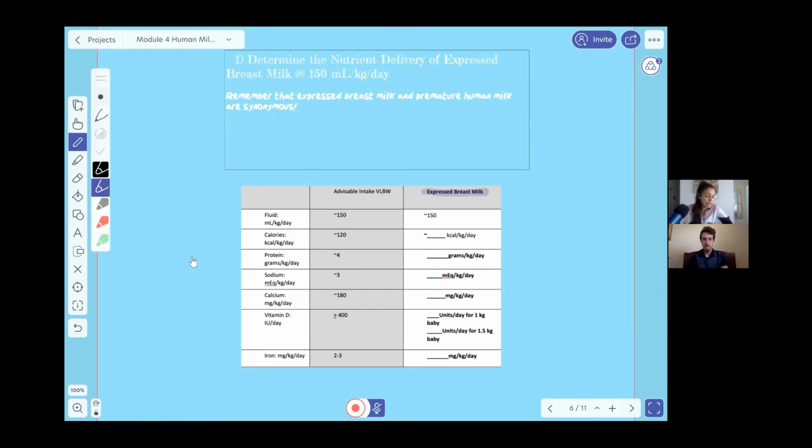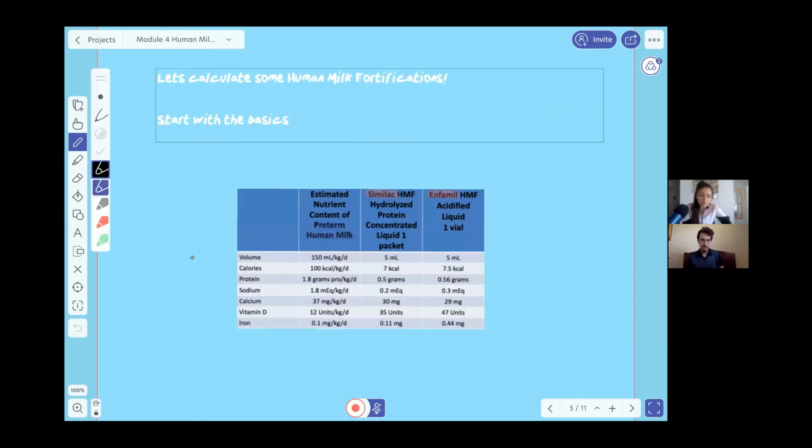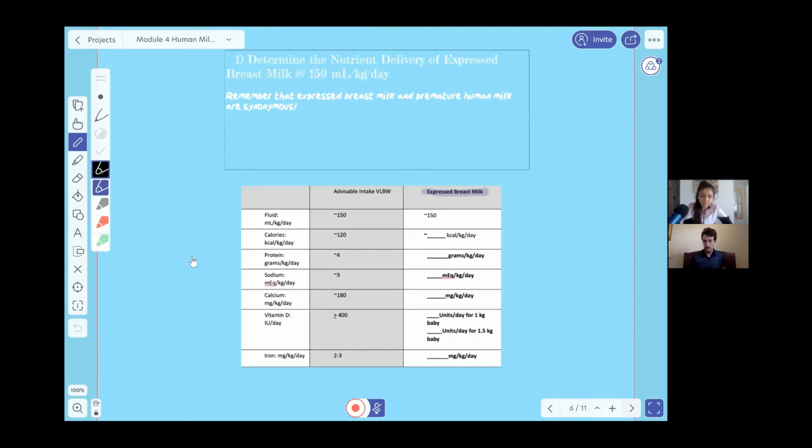All that this is asking is for us to write down exactly the content that's in our preterm human milk, in our mom's milk. So if we go back to our chart over here, we're literally just copying this right here. Simple, right?